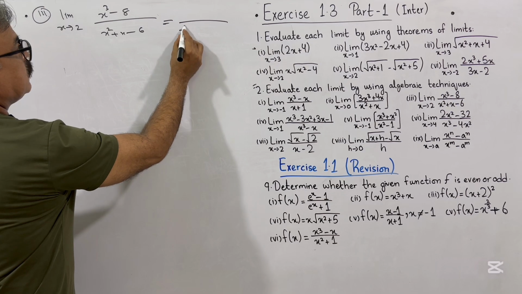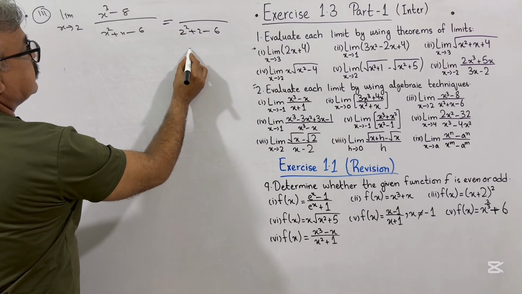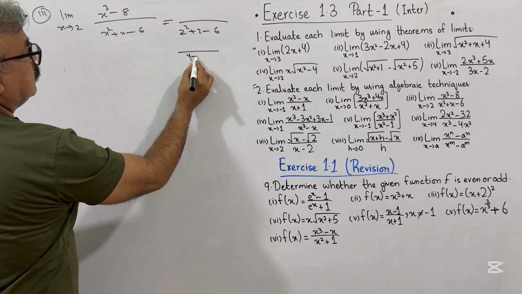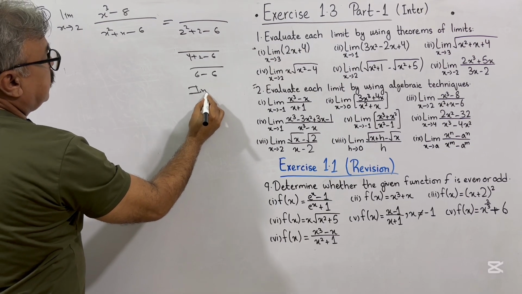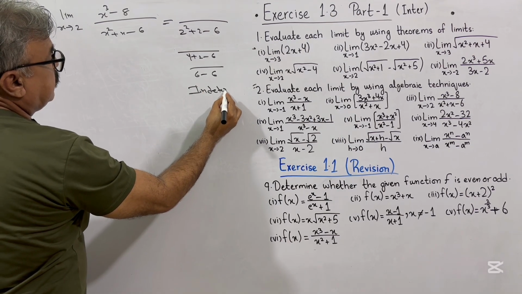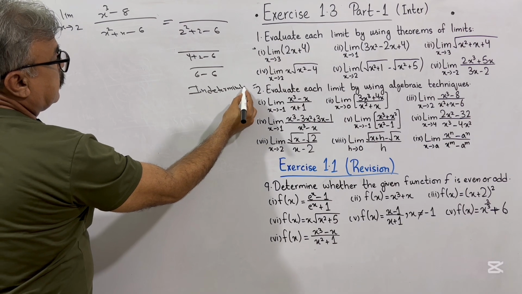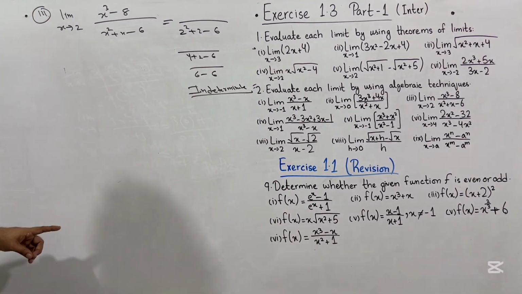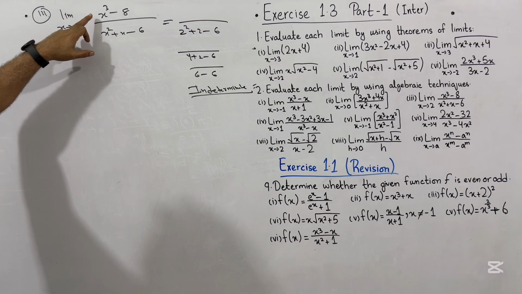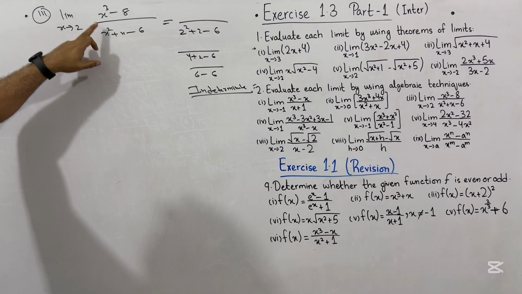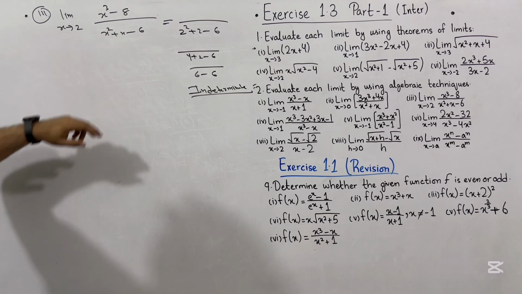x is 2, 2 square plus 2 minus 6. It will become 2 square means 4 plus 2 minus 6, 6 minus 6. Indeterminate form. Bell of the danger. We have to avoid it. Look at this. If we inspect the situation, cube type, a cube minus b cube factors are possible, and here the middle term breakup.